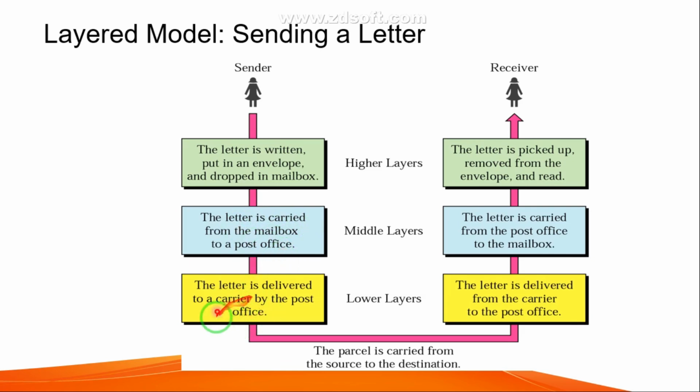And at the lower layer, the letter is sorted at the post office, to see which region it belongs to, whether it is within Maharashtra or outside Maharashtra, which place, which district. So the sorting is done. After the sorting, we fix the transport, and then the carrier transports the letter. So this operation happens at the sender side.